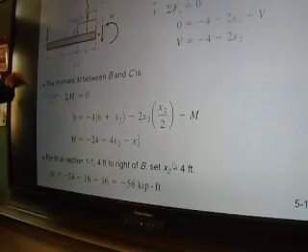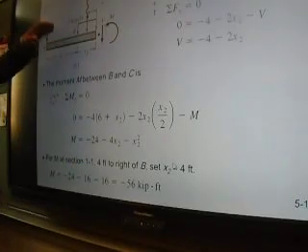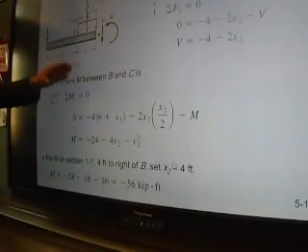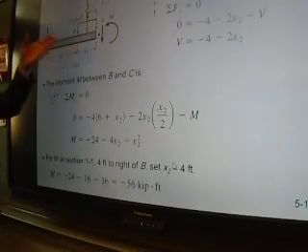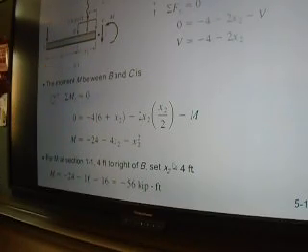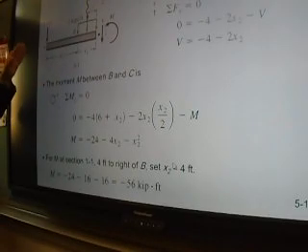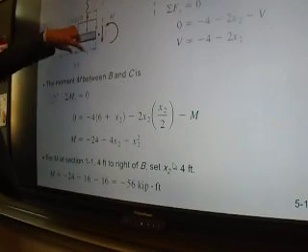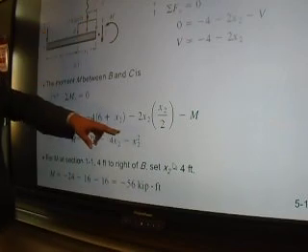Okay? And he got an equation for V. And then he got an expression for moment. He's taken an arbitrary distance of x2. So now he's 4 times 6 plus x2, and minus the load, which is 2 times x2, which is the distance, times x2 over 2.